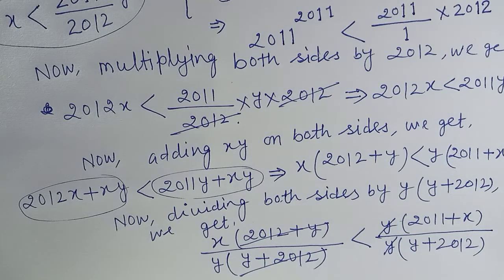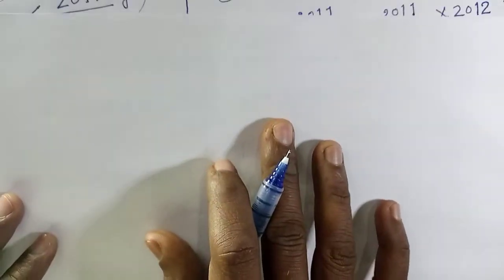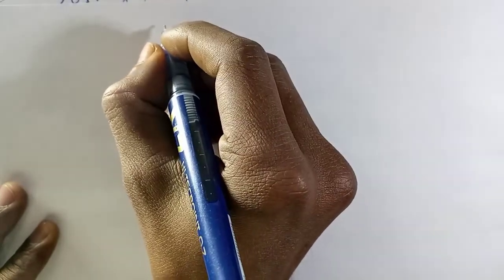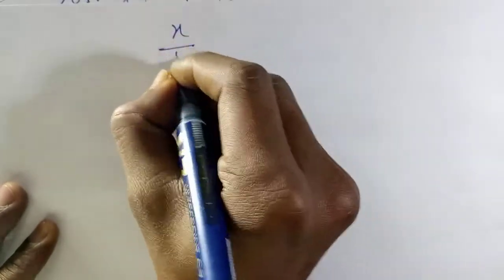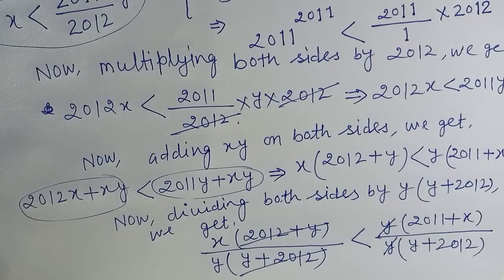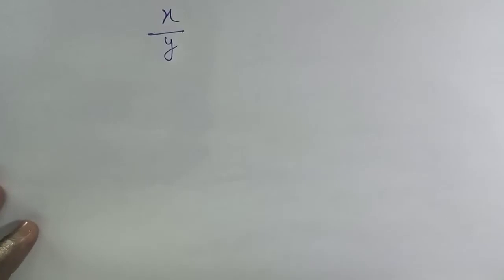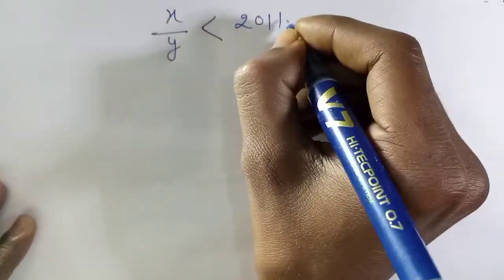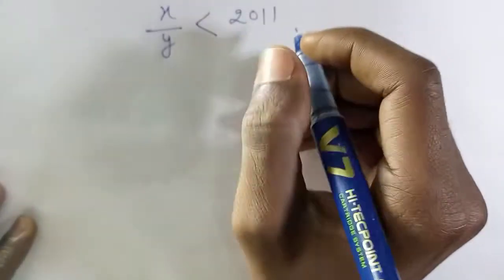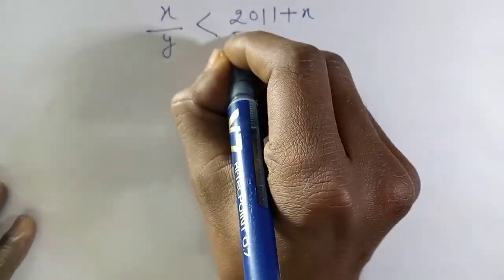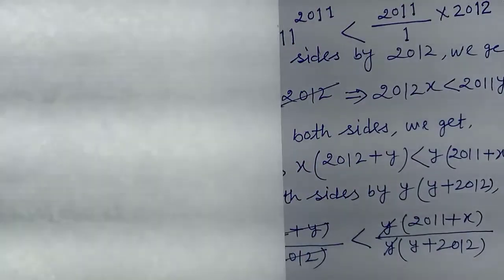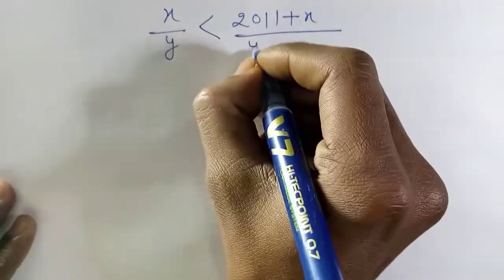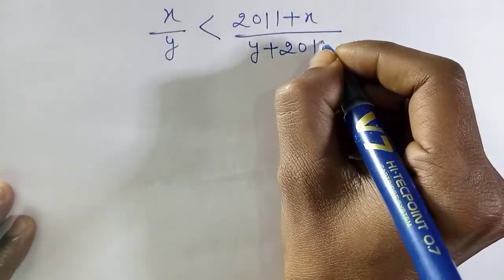So we are left with x over y is less than 2011 plus x all over y plus 2012.